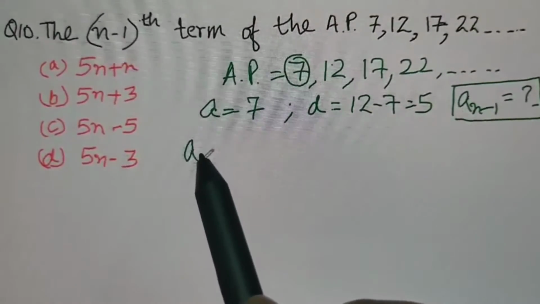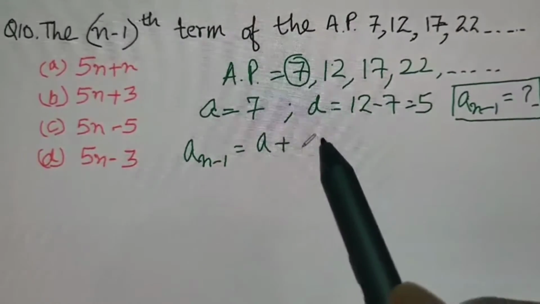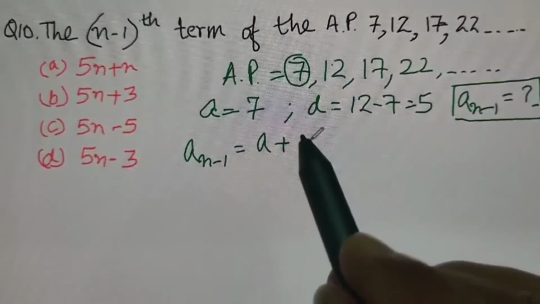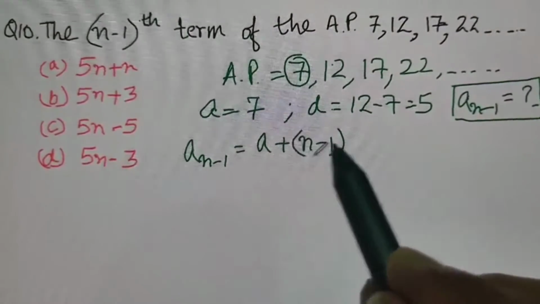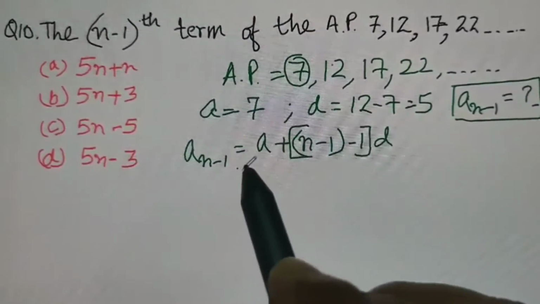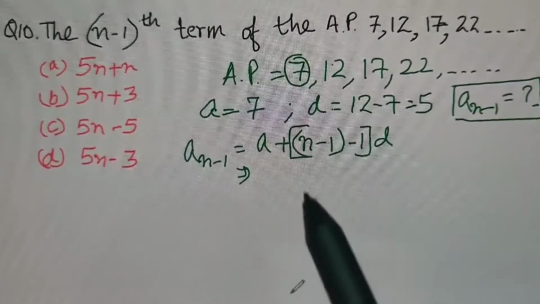Now the formula for it is A plus, sorry, it is (n minus 1) D. Now what is the value of A?